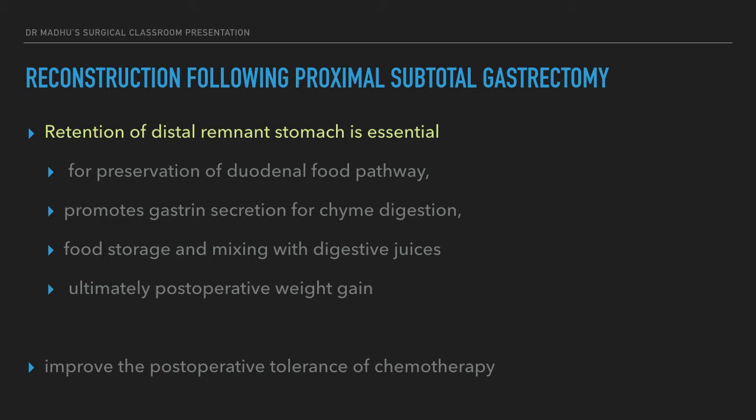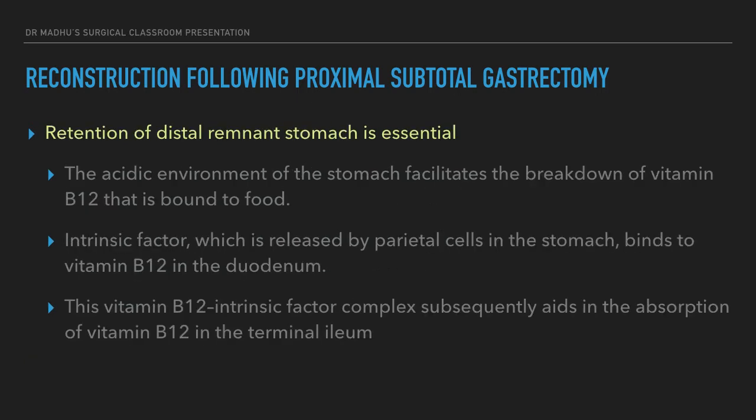This helps in mixing of the gastric juices with the chyme. All these things will result in better post-operative weight gain. In patients who need chemotherapy after a gastrectomy, this can improve the post-operative tolerance of chemotherapy.